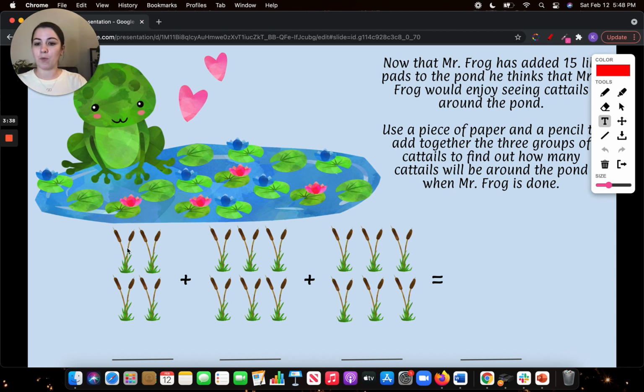Right here we have 1, 2, 3, 4 cattails. So on this line down here, we're going to write 4. Here we have 1, 2, 3, 4, 5, 6 cattails. So right here we're going to write 6.